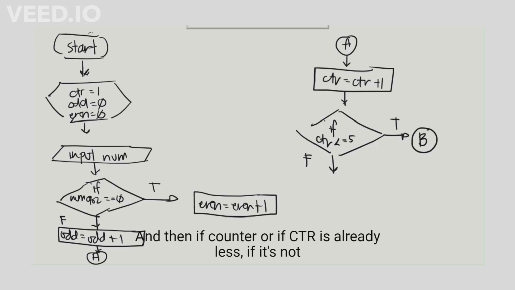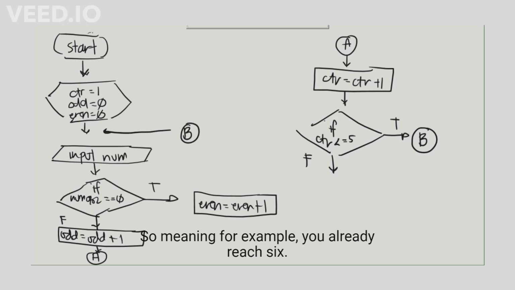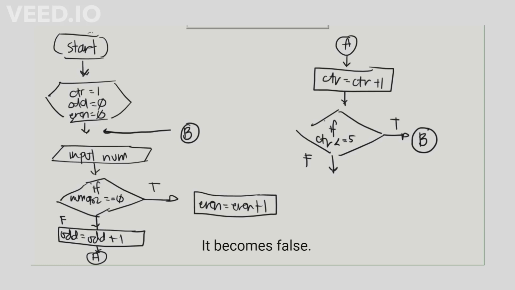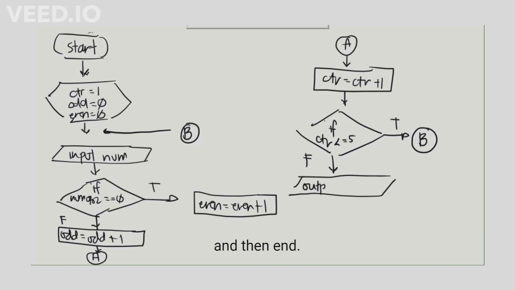And if CTR is not less than or equal to 5 anymore, for example, you already reached 6, it becomes false. That means I need to display the output: how many are odd and how many are even. Then, end.